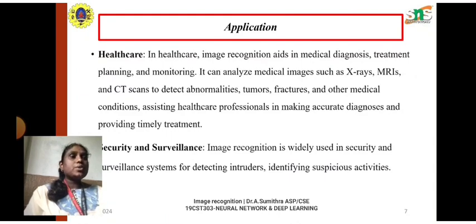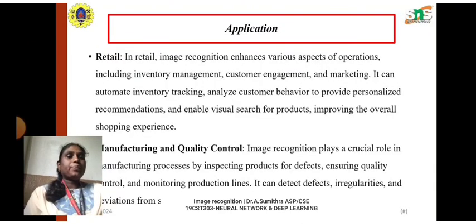Deep learning models are vulnerable to adversarial attacks, where small perturbations to the input images can lead to incorrect predictions, raising concerns about the robustness and security of deployed systems.